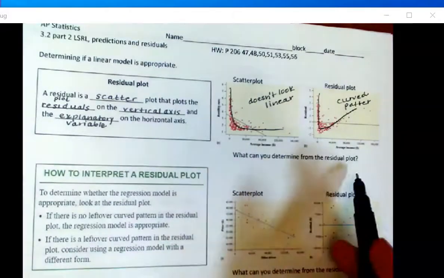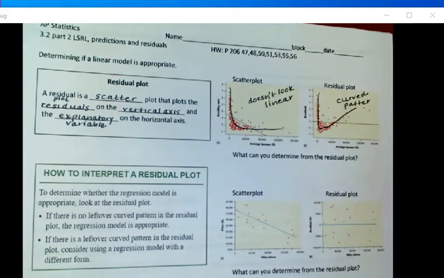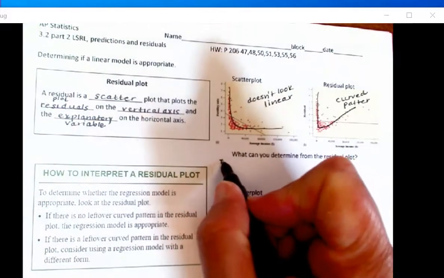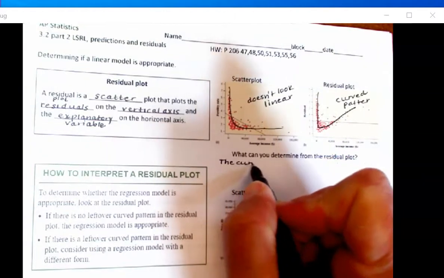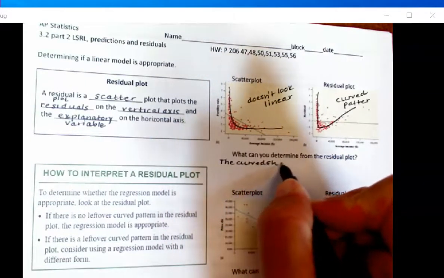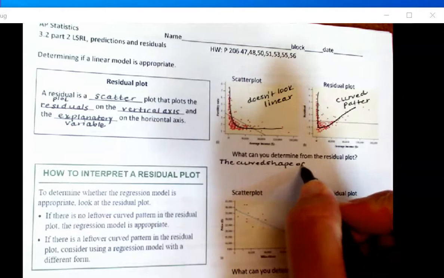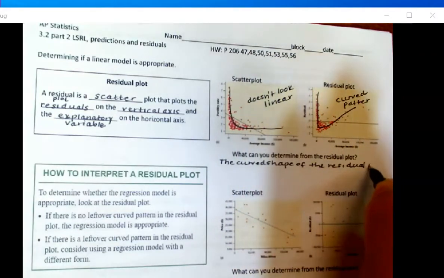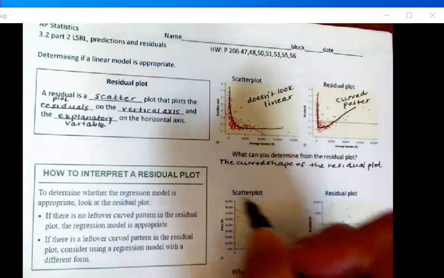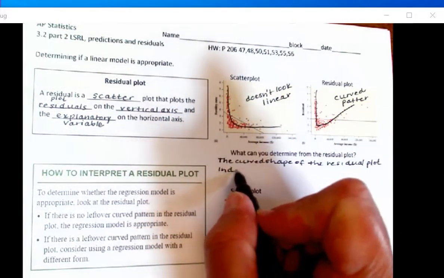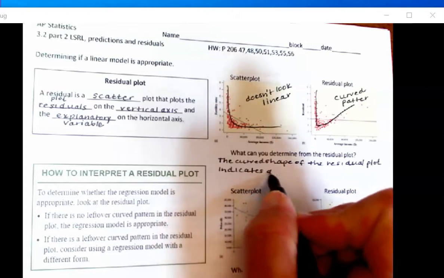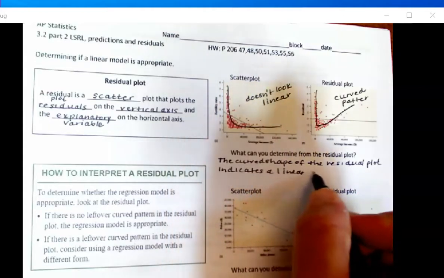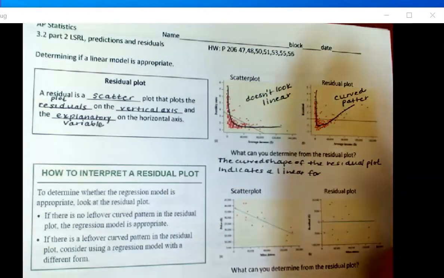So what can you determine from the residual plot? The curved shape of the residual plot indicates a linear form is not a good match.